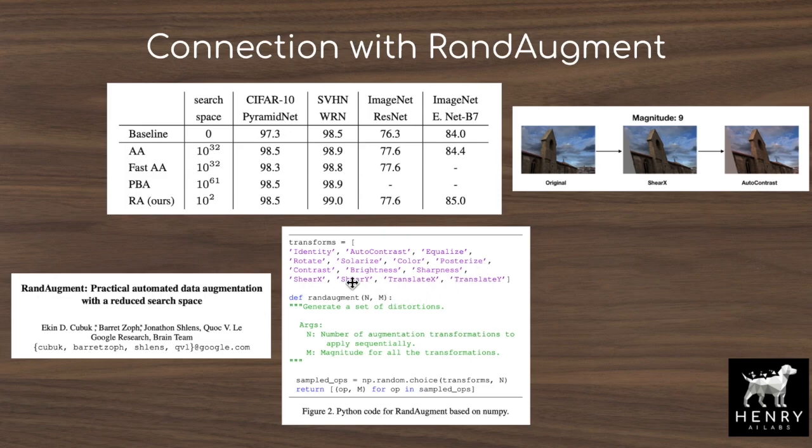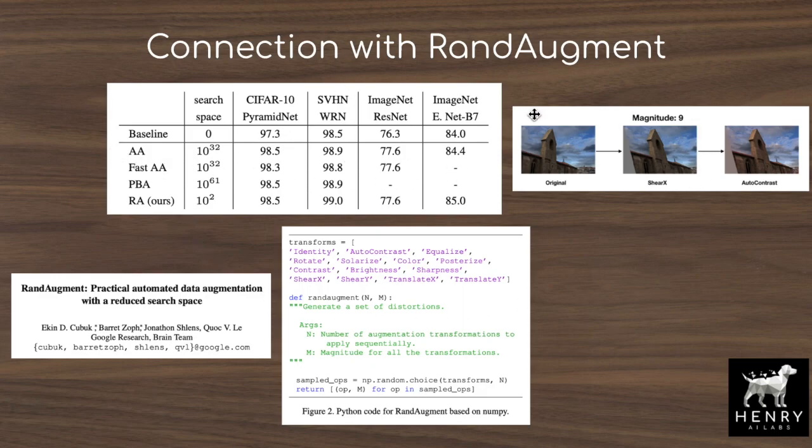Obviously, it's not just the same value for each of the augmentations, like rotation and then something like translate x. And then m is just the number of these augmentations to apply in a row, and then you're randomly sampling them. And you see the same performance on ImageNet, 77.6, using this much simpler search space compared to the more exhaustive AutoAugment search space.